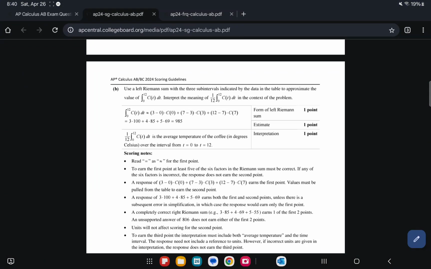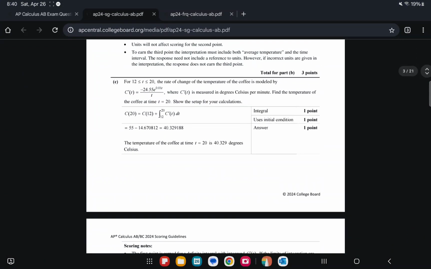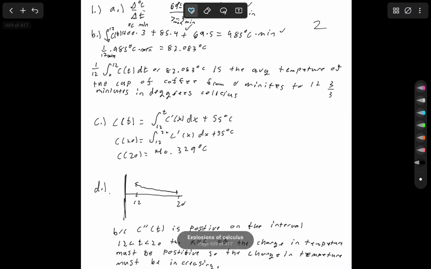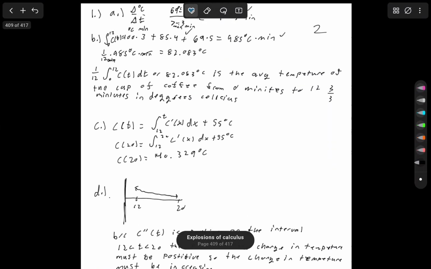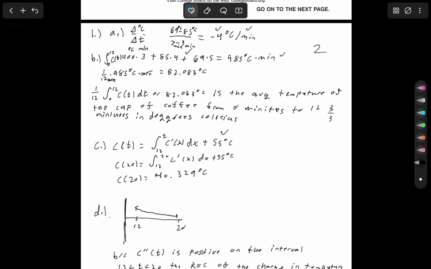All right, now on to part C. We get 1 point for the integral. We get 2 points for the initial condition. So we got the initial condition, right? We got the 55 degrees. We got the integral set up.